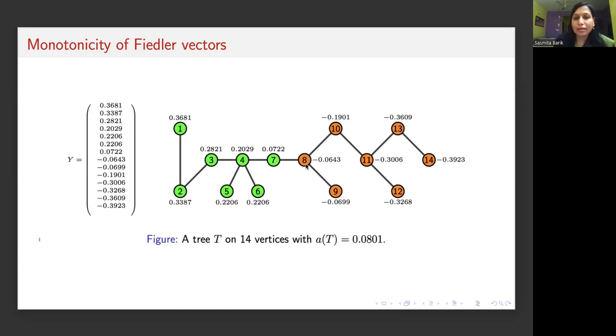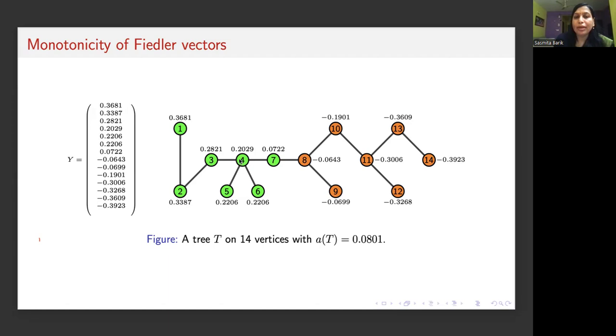Now, what the monotonicity property says is: if you start with a positive vertex and go along any path, not including any negative vertex, for example starting with 7 and then going to 4 and then 5, you can observe that the coefficients of the Fiedler vector are decreasing.